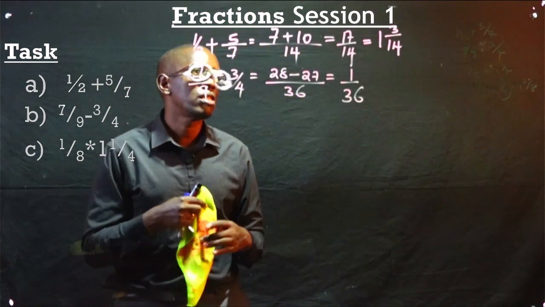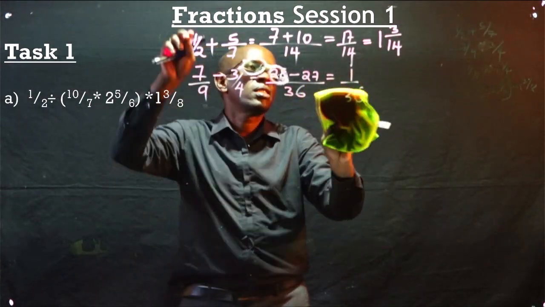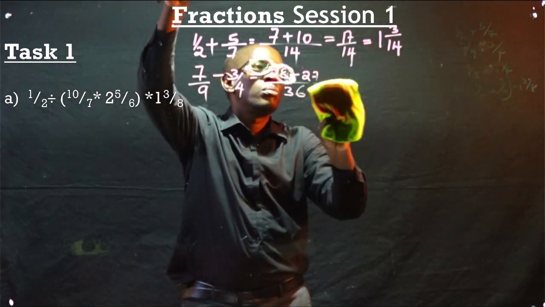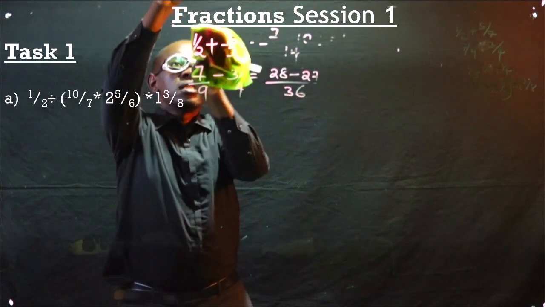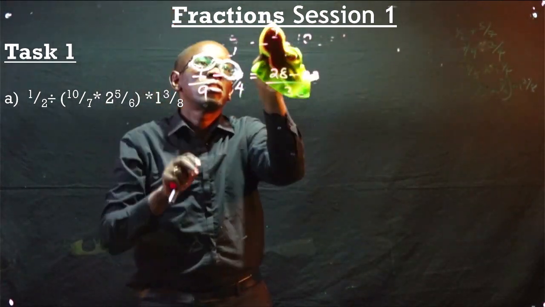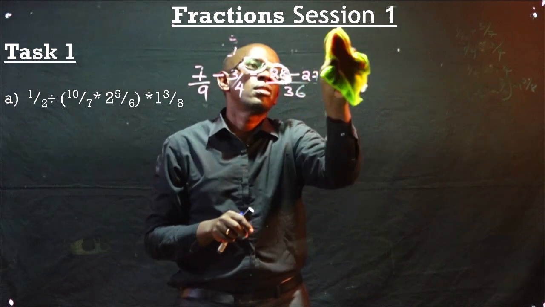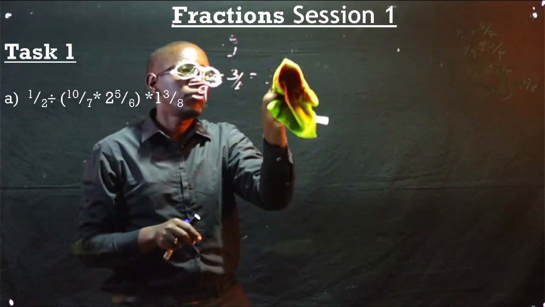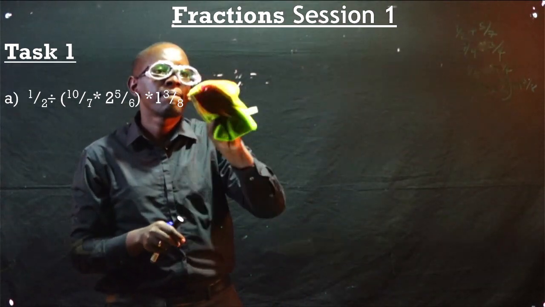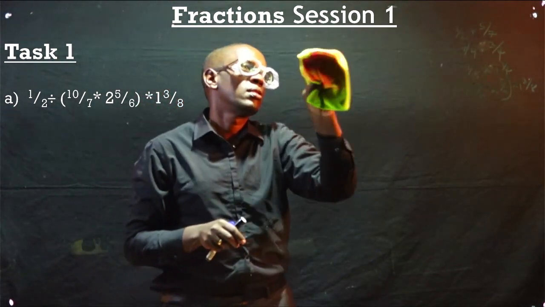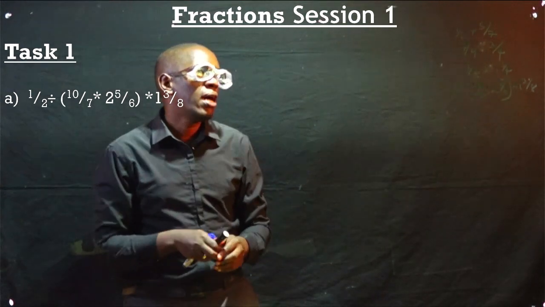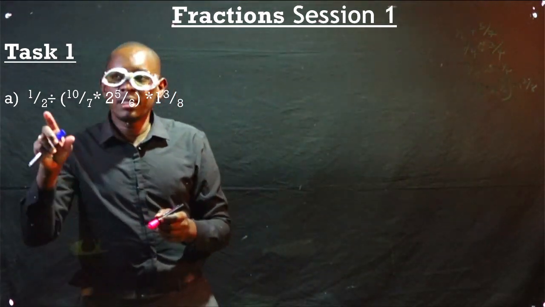It's a very interesting task. It looks complicated, but it's not. So I want us to work on this before we go, very quickly. All right, let's read this together.